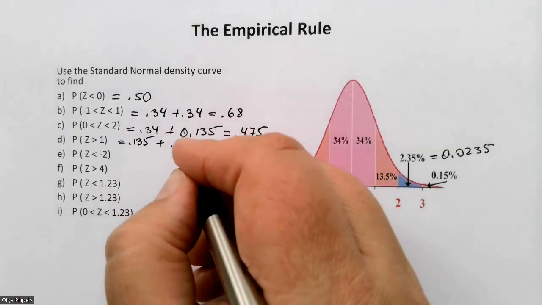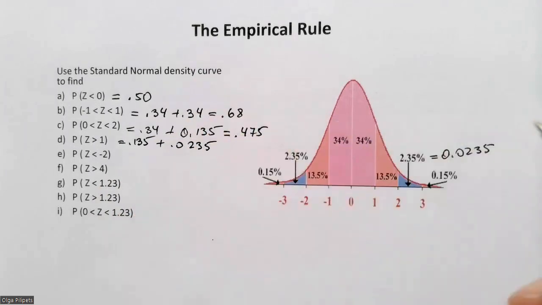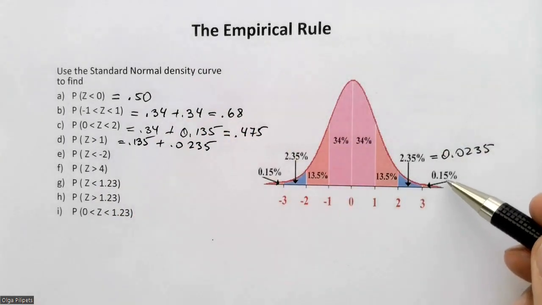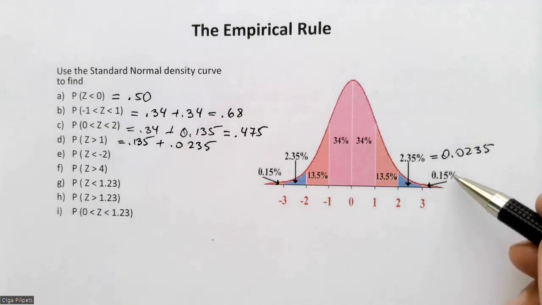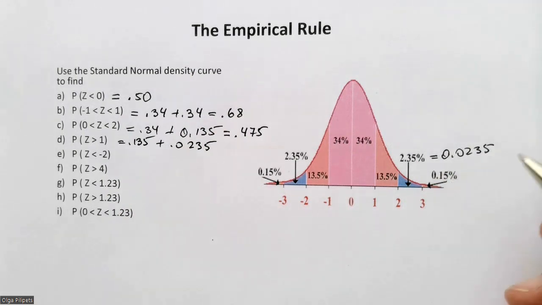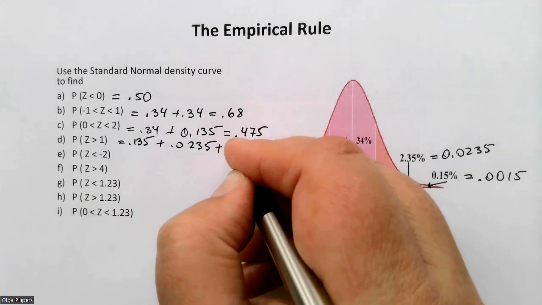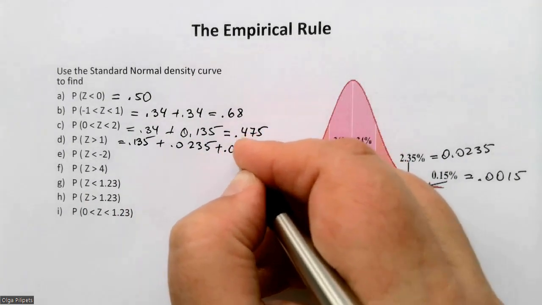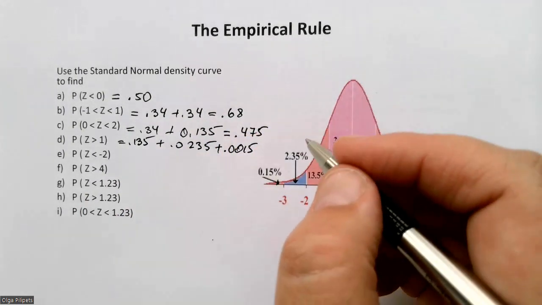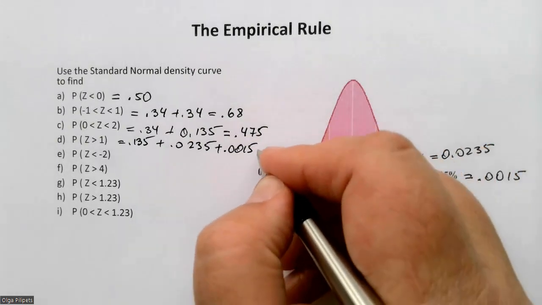And also we have 0.15%. This is a fraction of 1%, so it's going to be a really small value, 0.0015 in decimal form. So we're going to have a plus 0.0015. And when we put this whole thing into a calculator, we're going to get 0.1.